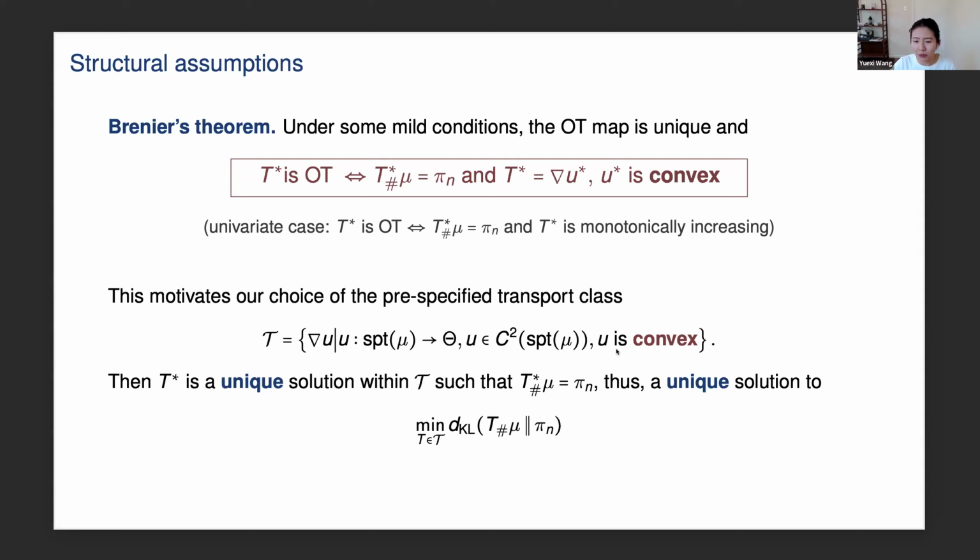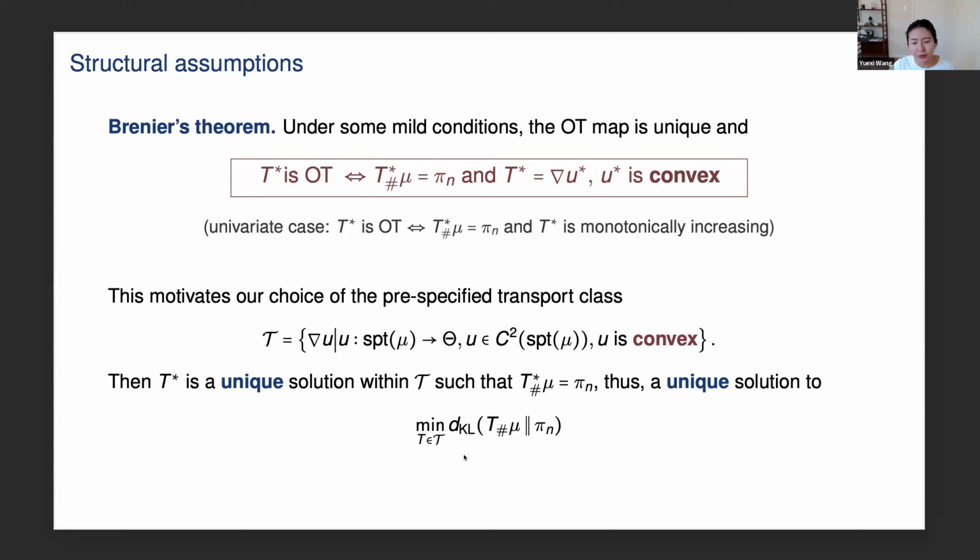So if we are doing optimization within this transport class, this means we also have a unique solution to the KL loss minimization program, and the solution will be the OT map. I think it's a very elegant result.